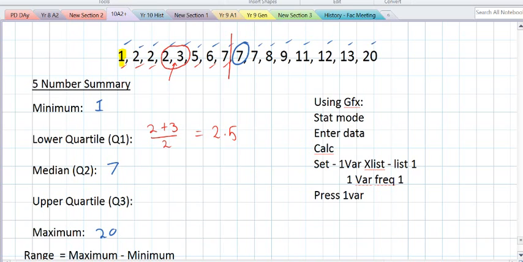Median we found already. Now upper quartile. Upper quartile is the median or the middle number of the top half. So using our red again, we draw a line here. Notice we're cutting out the median here. But of the top half, we're only considering numbers to the right of that 7. So we start crossing off from either side. And we get to 11.